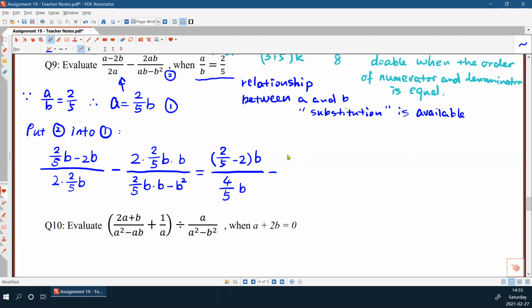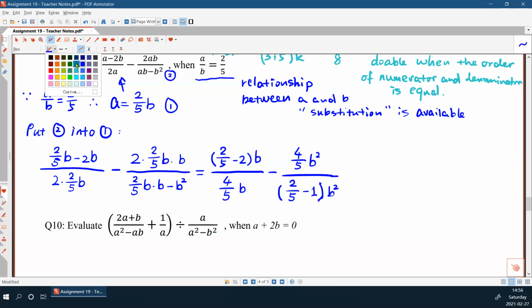Okay, second part is 4/5b squared over 2/5 minus 1, right? Times b squared. Okay, everything is in the factored form, and then we can try to cancel anything here. So b can be canceled with b. B squared can be canceled with b squared, right?